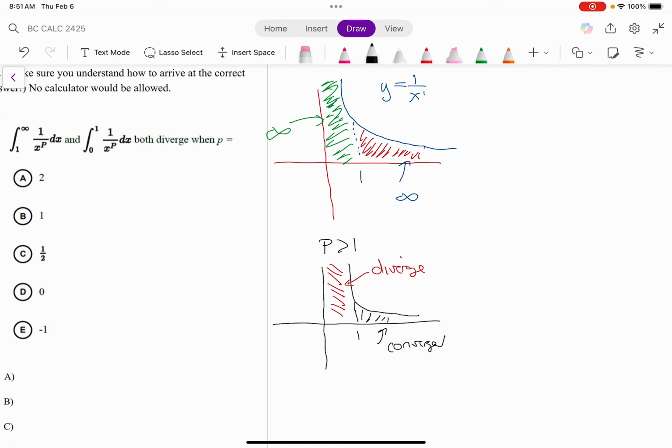Whereas if p is technically between 0 and 1, then you get it thinner here and thicker there. So this diverges and this converges.